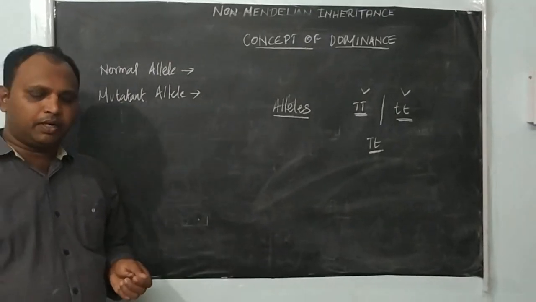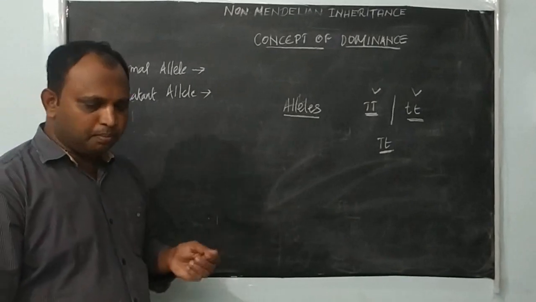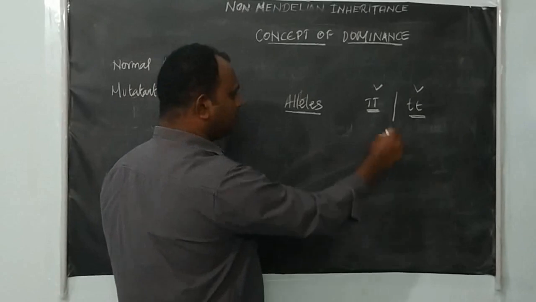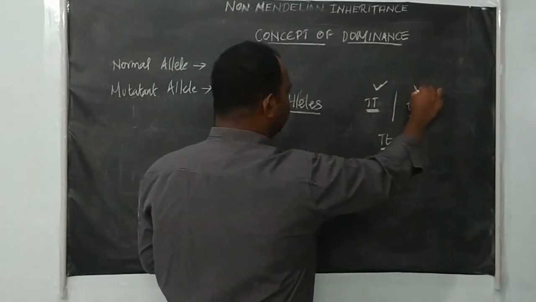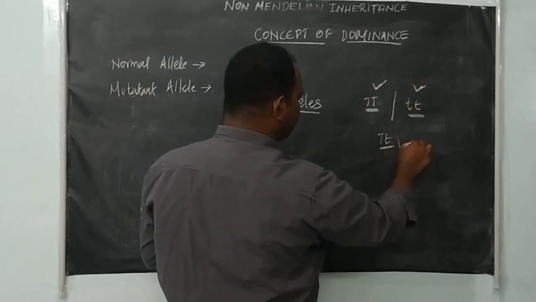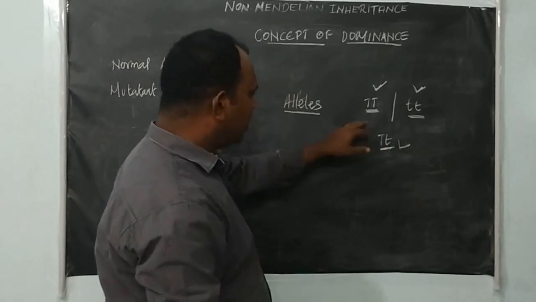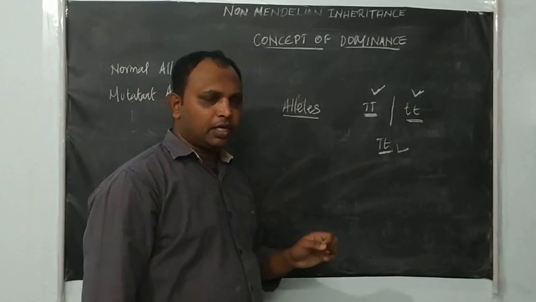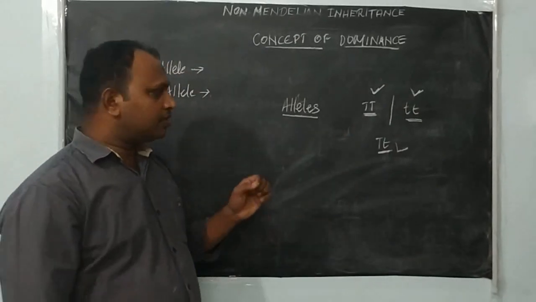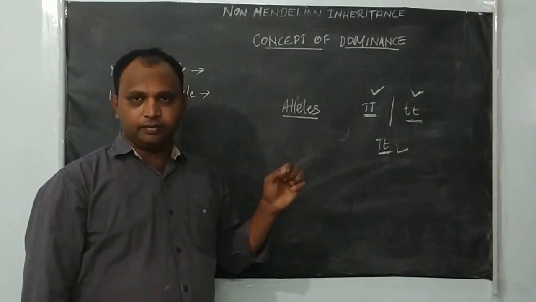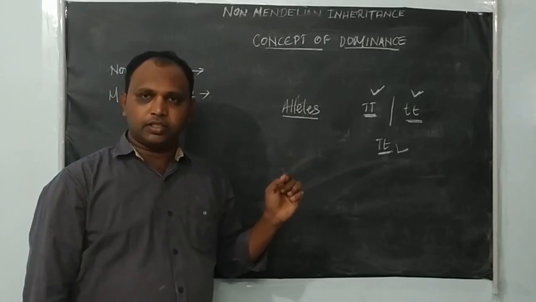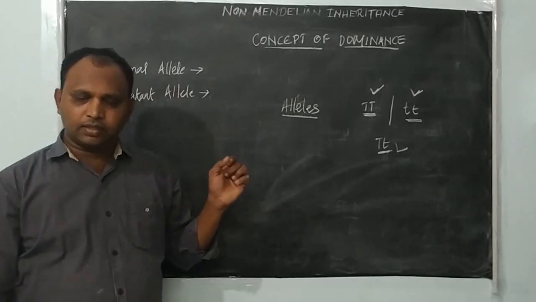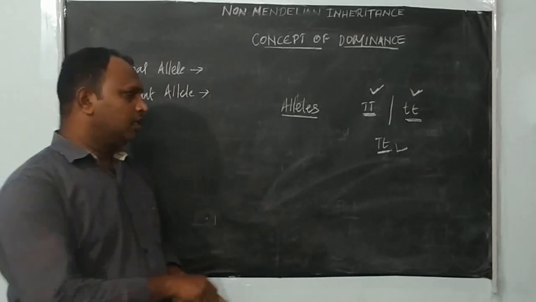Sometimes one of the alleles may be modified due to mutation. In the normal type, in homozygous condition these alleles are there; in heterozygous condition these alleles are there. In an allelic pair, these are identical alleles and this one is non-identical. Mutation, we know, is a change in the genotype of an organism.